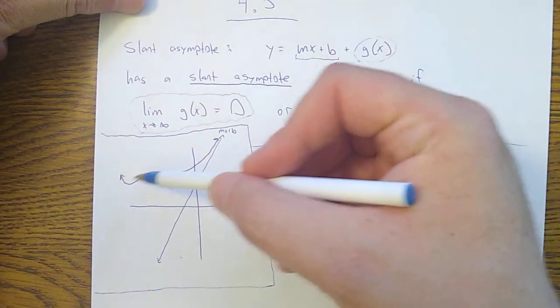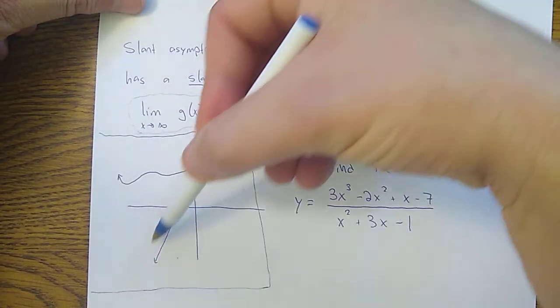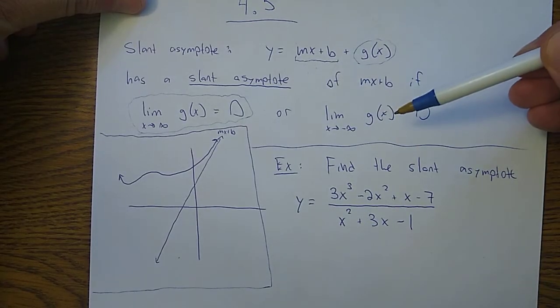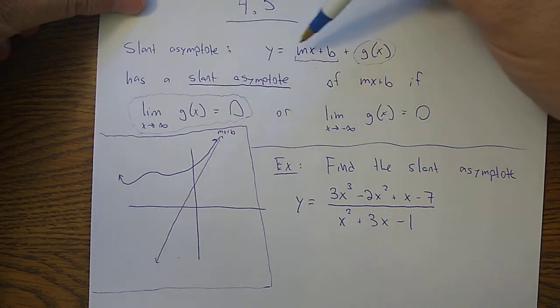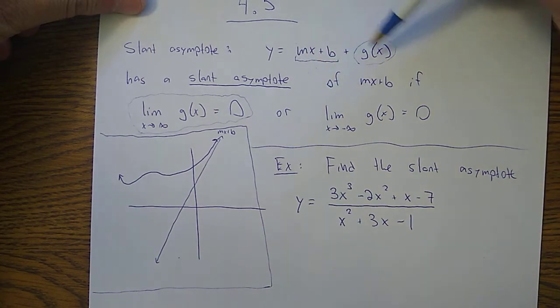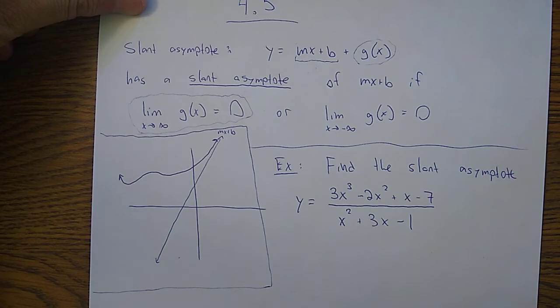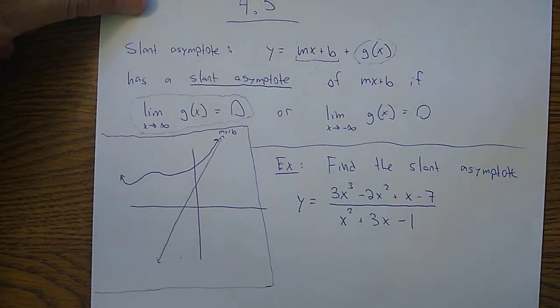That would be, if this curve comes back down and approaches the line as I move farther to the left, this situation. So this is basically just y equals the formula for a line plus a little bit extra that is going to 0. And that would be why the curve looks like it's very close to the line, either as I move to the right, or as I move to the left, or both.